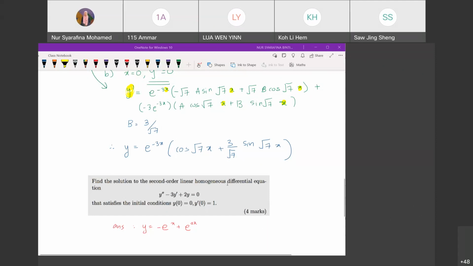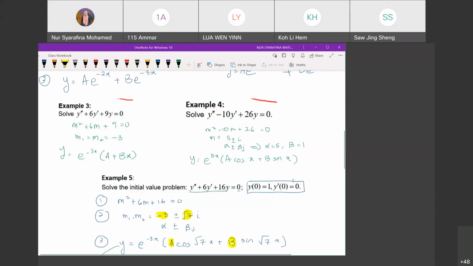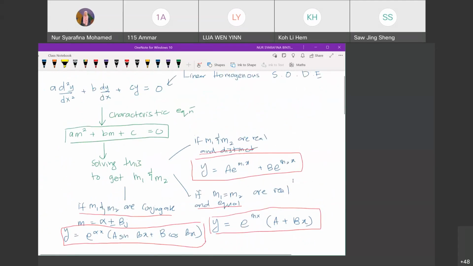Okay, so now basically what we have discussed up until now is just three types of the solution for the second order differential equation. So we have done with these three. Okay, there are three types of roots in solving second order differential equation for the homogeneous part.